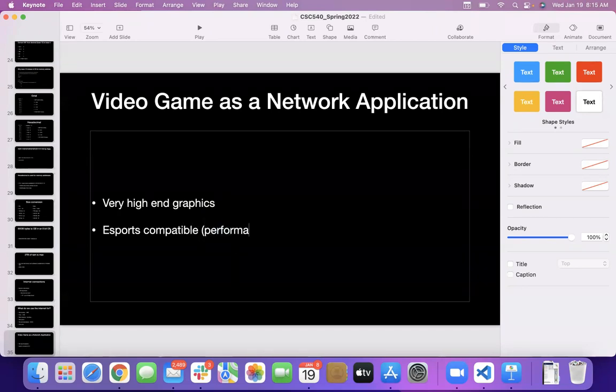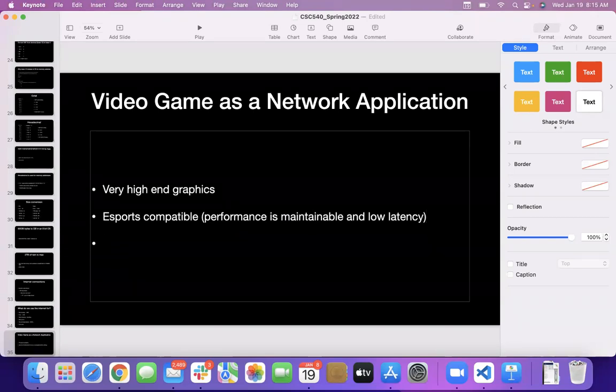And what that really means is performance is maintainable and low latency. And we'll talk about that. Because people are competing against each other in this game for money.